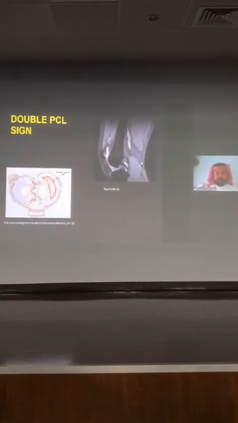So let's take an example here. What's the double PCL sign? Let's focus on the image at the bottom left corner. This is the medial meniscus, and there's a longitudinal tear shown by this red line. This leaves us with a fragment that looks like a bucket handle. If we lift this bucket handle and put it into the intercondylar notch, now we will have the double PCL sign.